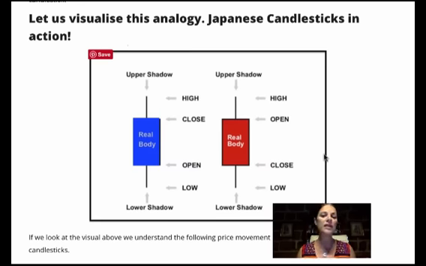The blue, the green, or the white all signify a candlestick which shows a bullish or a buyer's candlestick, or an uptrend. They are all meaning exactly the same thing. Whilst the red candlestick is a situation where the price is going down, and this could be a bearish candlestick, so it's referred to either as a seller's candlestick, a bearish candlestick, or a downtrend candlestick.